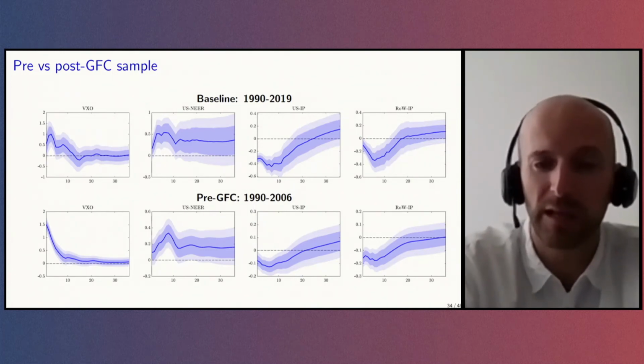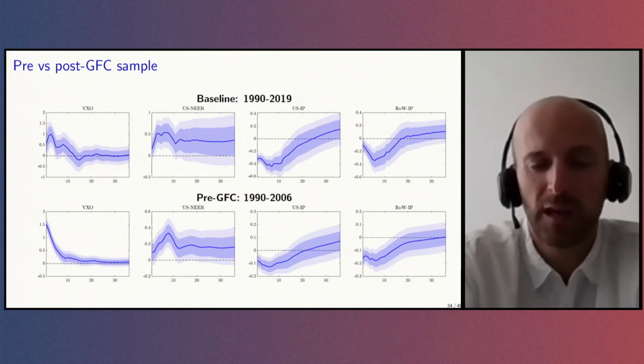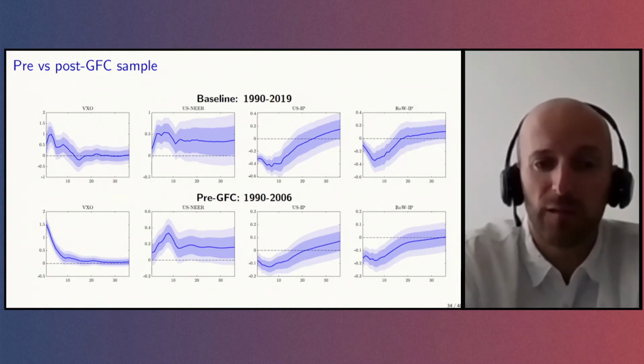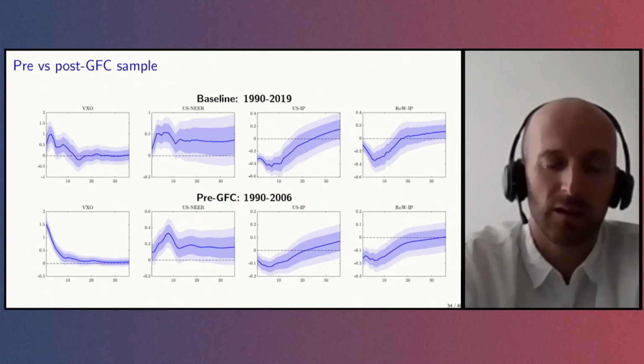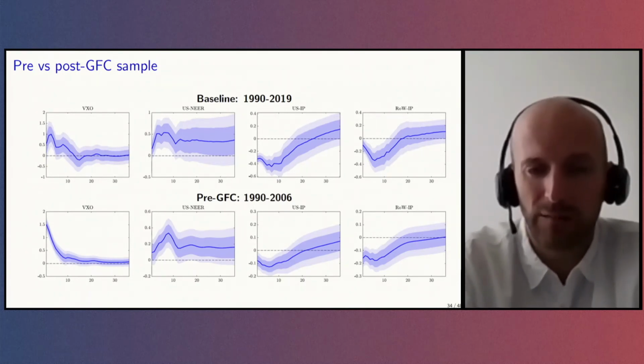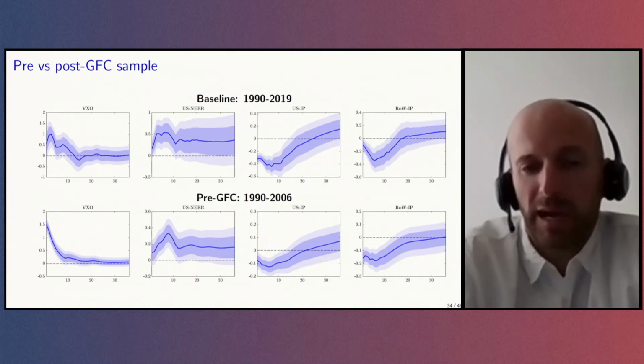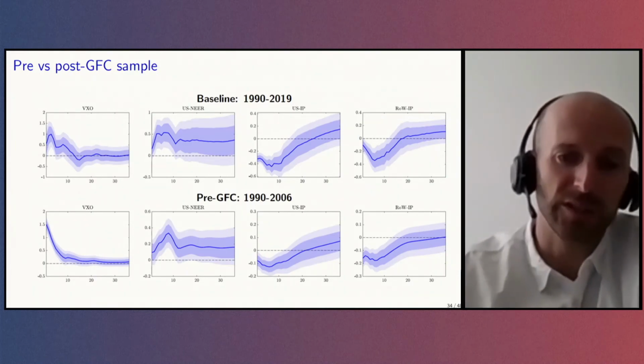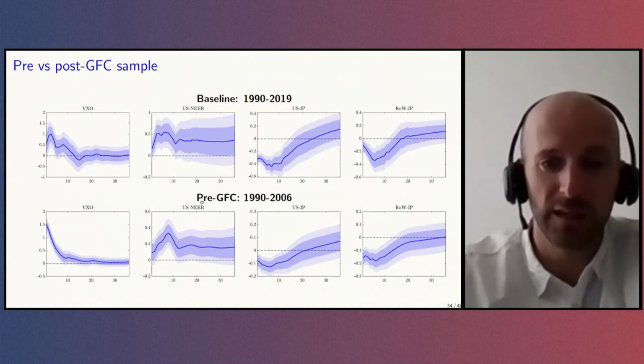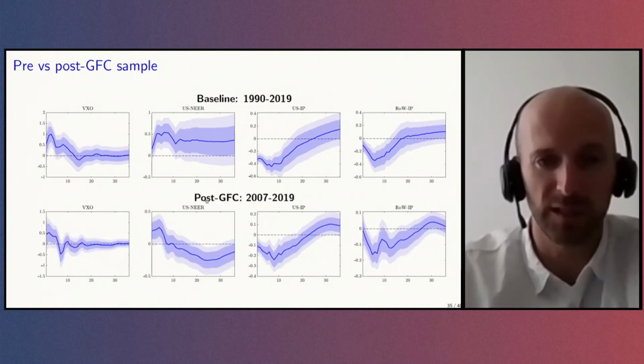And it may well be that prior to the global financial crisis, the primary drivers of the data were shocks that did not have a large impact on global risk, on the VXO, while they did have an important impact on the dollar exchange rate. By identifying exogenous variation, we circumvent that reduced form obstacle in a way.